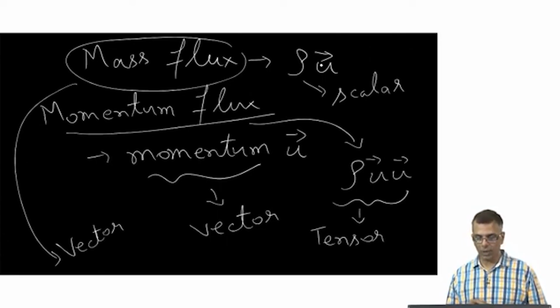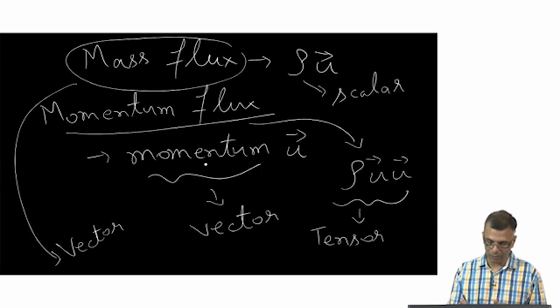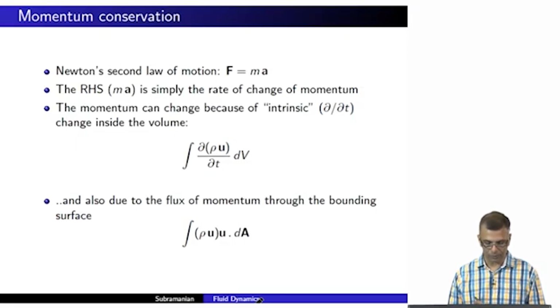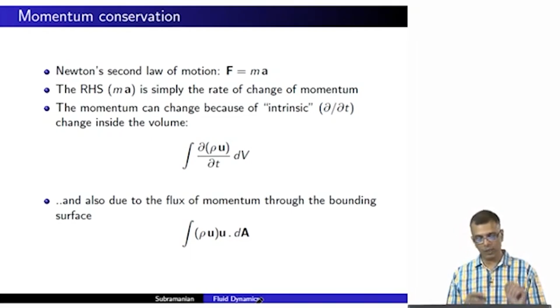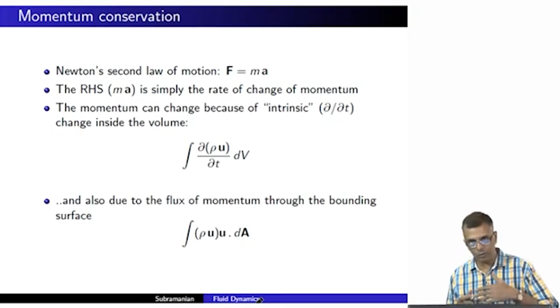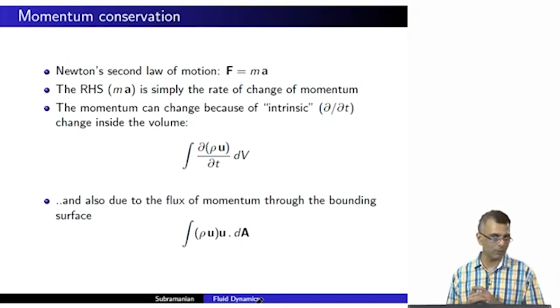In order to get the momentum flux, you simply multiply the momentum density with u. And that gives you the momentum flux. So the momentum can change because of intrinsic change of momentum inside the volume, and also momentum flux through the bounding surface, just like we discussed for the mass continuity equation.